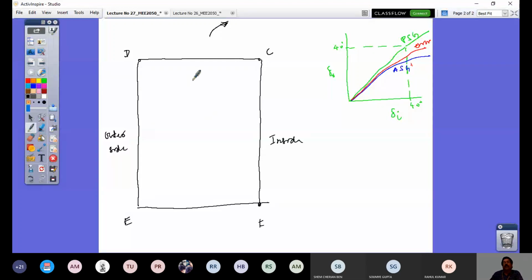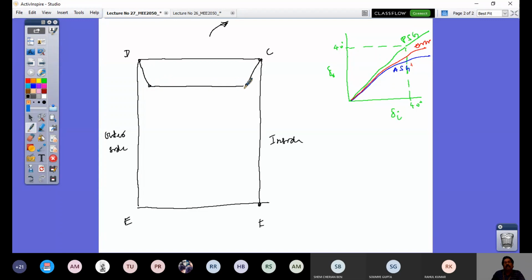Now what is my steering geometry? My steering geometry is planar steering geometry. That means I'll have steer arm and tie rod. Let me draw that. This is my steer arm, and on this side this is my steer arm, and I connect them by a tie rod.